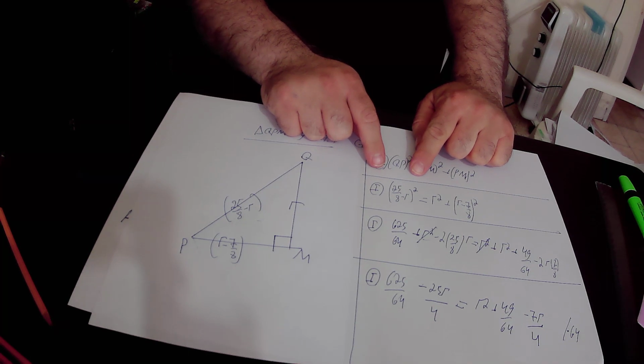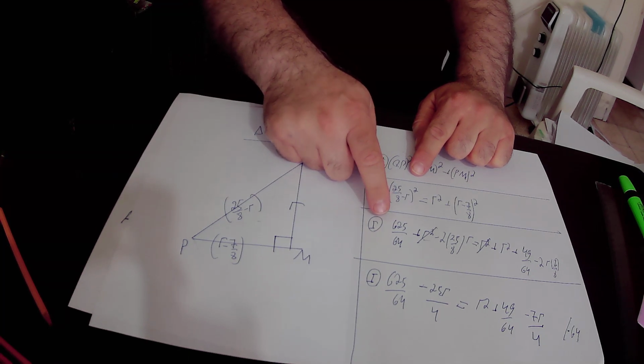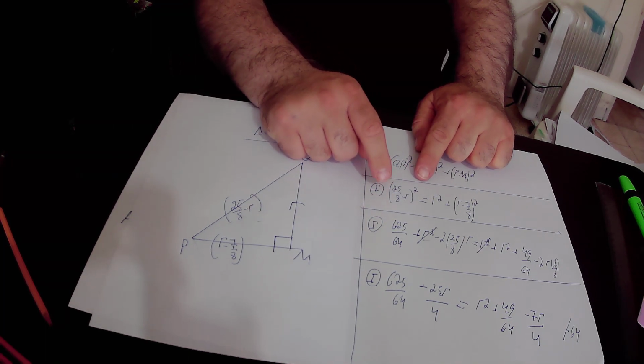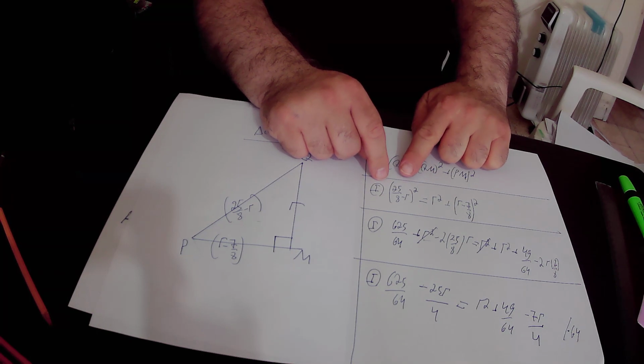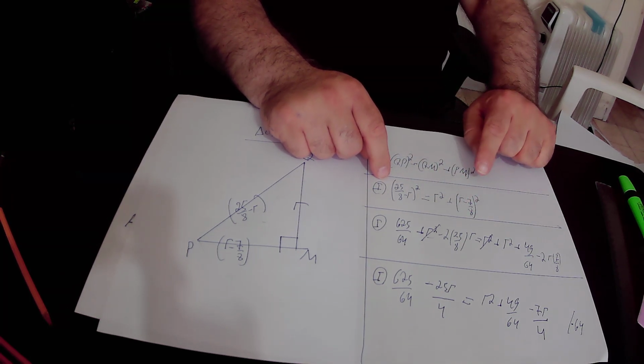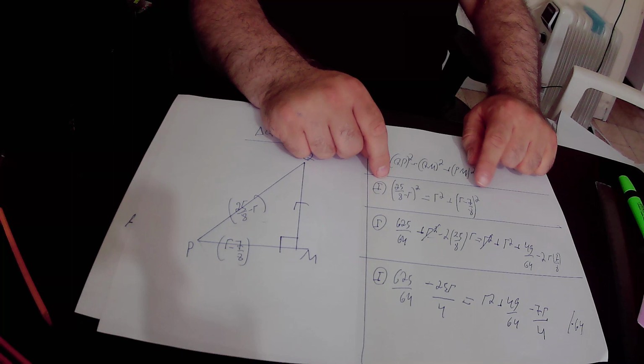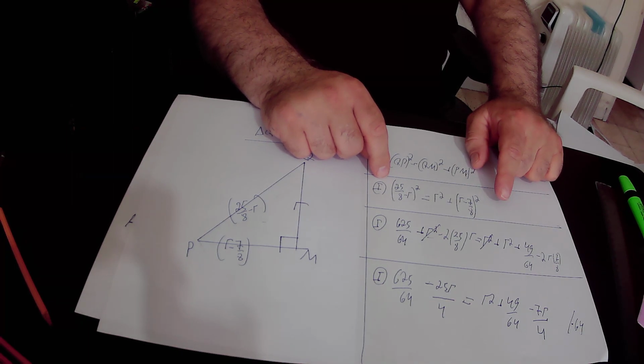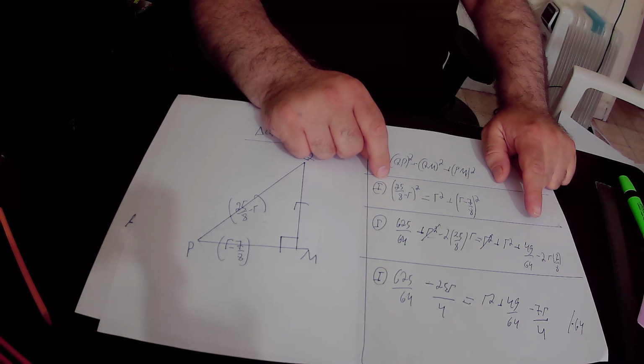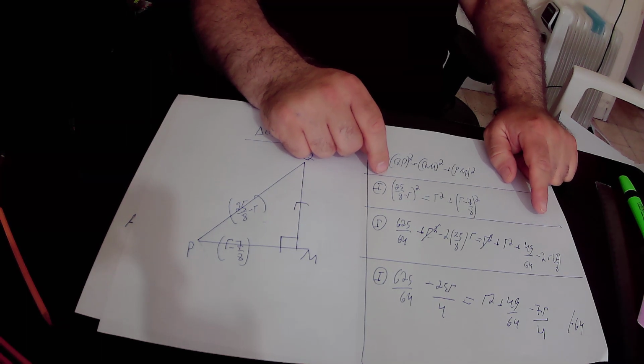We have 25 over 8 squared, that is 625 over 64, plus r squared minus 2 times 25 over 8 times r, equal to r squared. And r minus 7/8 squared equals r squared plus 7/8 squared, that is 49 over 64, minus 2 times r times 7/8.